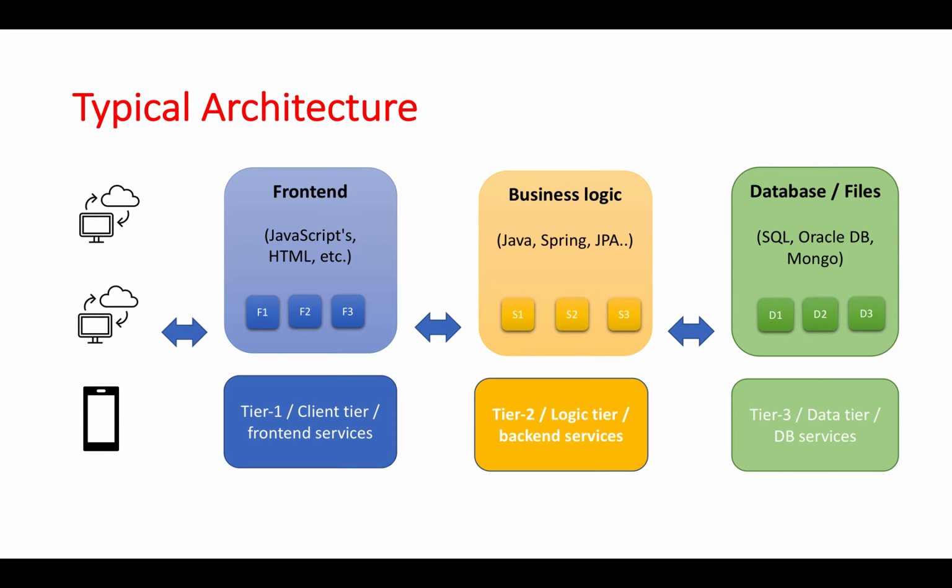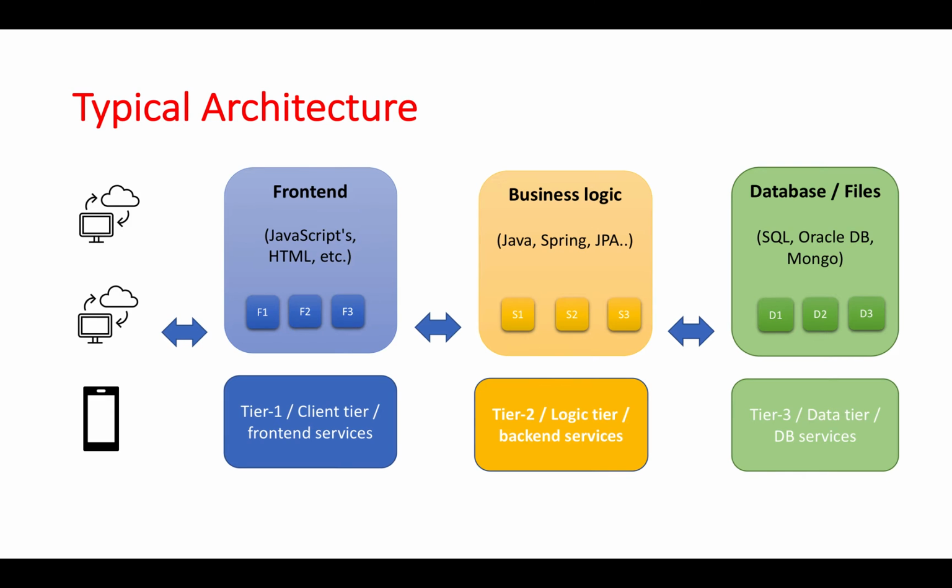Here there are basically three major tiers that come into the picture. The very first one is the front end. The blue color blocks are called the front end models. This front end tier is also called the client tier, or tier 1. In this tier, a lot of front end application development happens to make sure it satisfies customer user-friendliness and user requirements in terms of user interfaces.